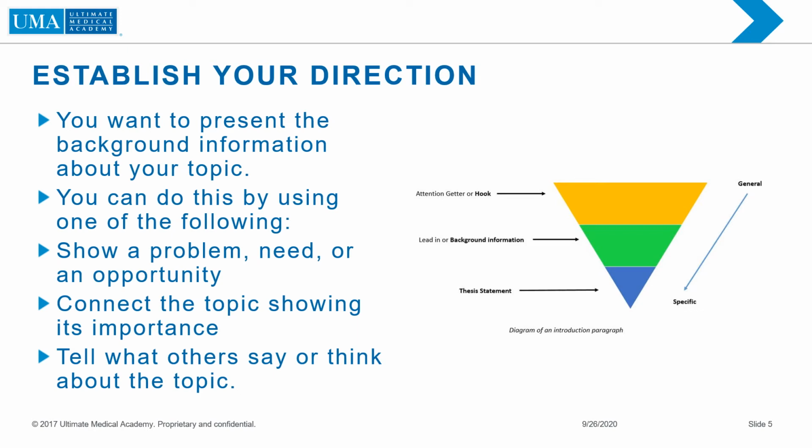Then, to show the importance of the topic. We could also tell what others say or think. In other words, we could possibly provide other information that's out there, whether it's research or, again, it's common knowledge. Research would need to be cited. So, in other words, we can certainly say, or present what others are saying about our topic.